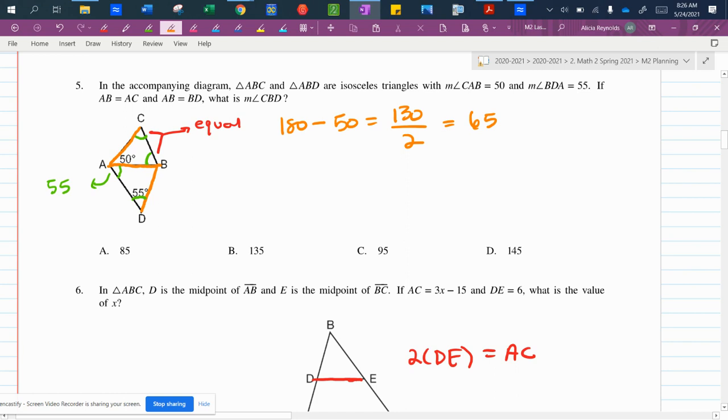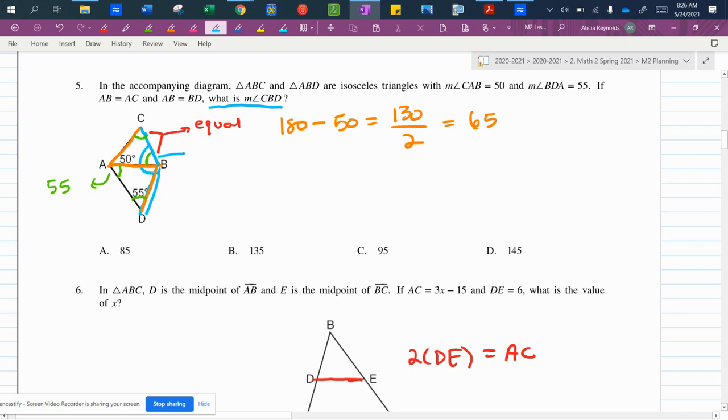So because AB are the 2 congruent sides in my bottom triangle, and I'm given angle D is 55, angle A in the bottom triangle is 55 because that is the other base angle. So if I'm trying to find CBD, this is what the question is asking us, this big angle here.